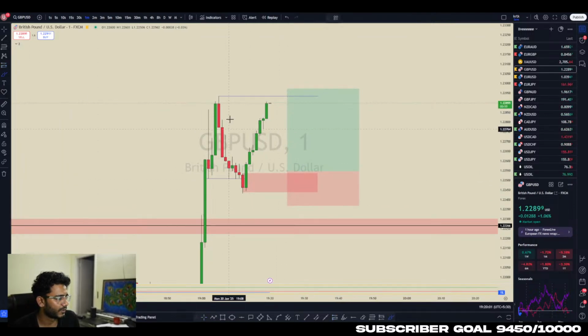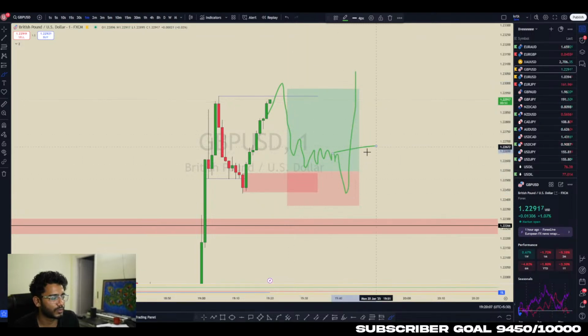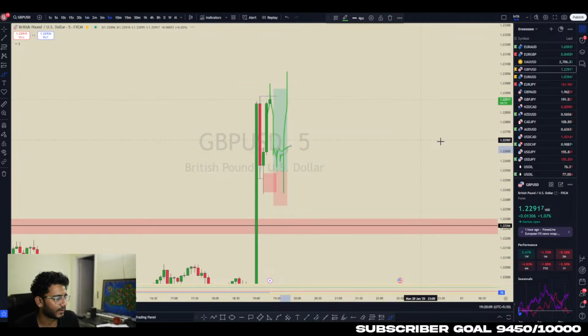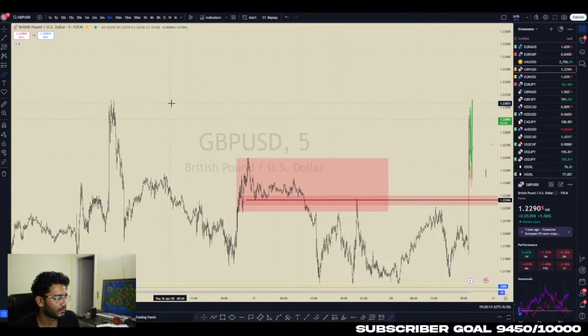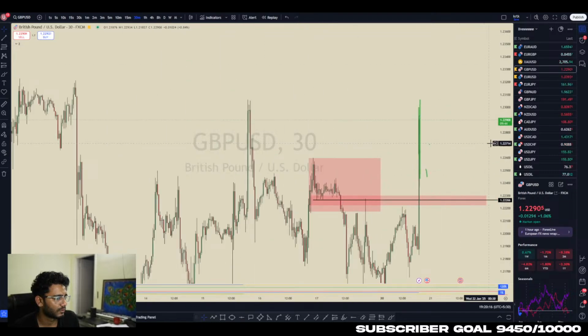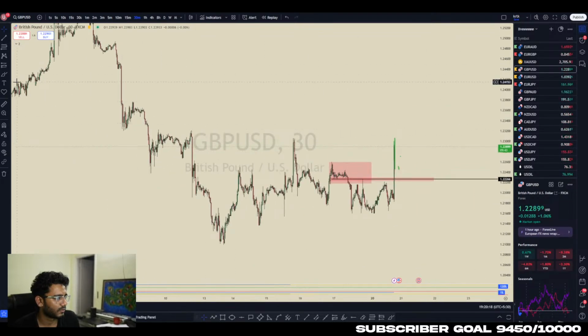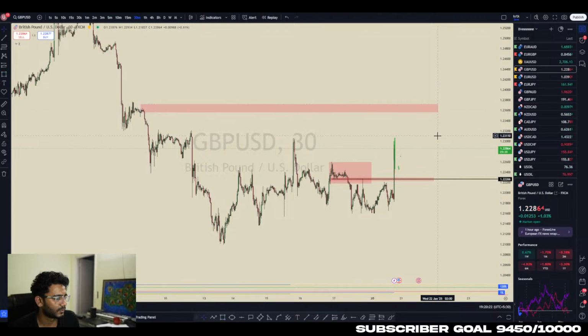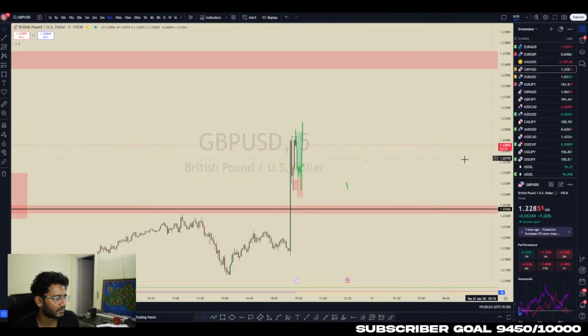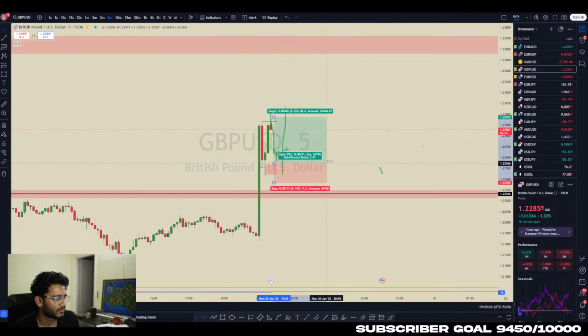I'm waiting for price to create liquidity after these highs and lows or consolidation before the order block, and then it will sweep this liquidity. This will be our entry. And the target will be around the next high, something like this. 1:6.